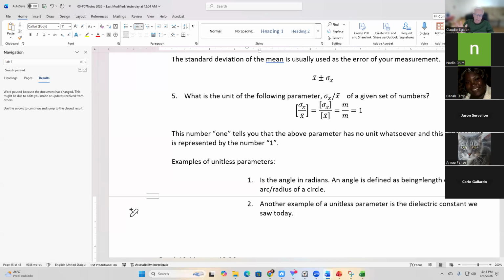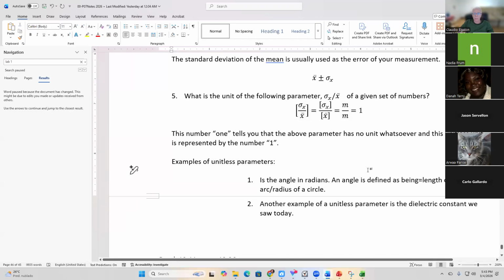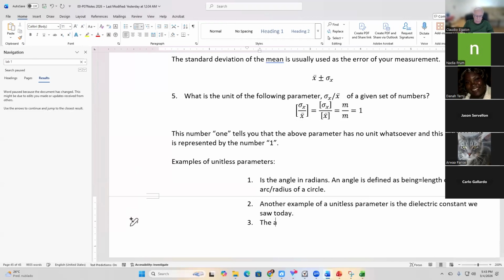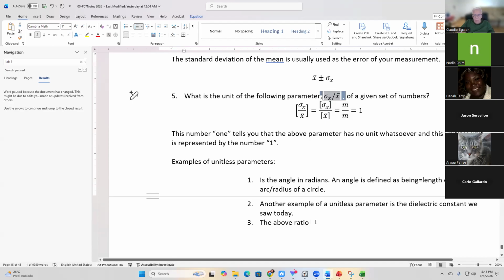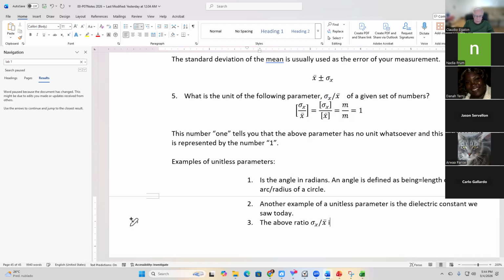And there are others. This ratio, for instance, the above ratio, sigma x over x average, is also a unitless parameter, and so on.